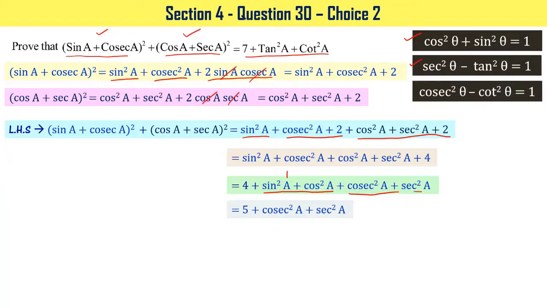can also be written in a different way using the trigonometric identities. Sec square theta equal to 1 plus tan square theta, right? This is what it is saying. Cosec square theta is going to be 1 plus cot square theta. Let's substitute them.